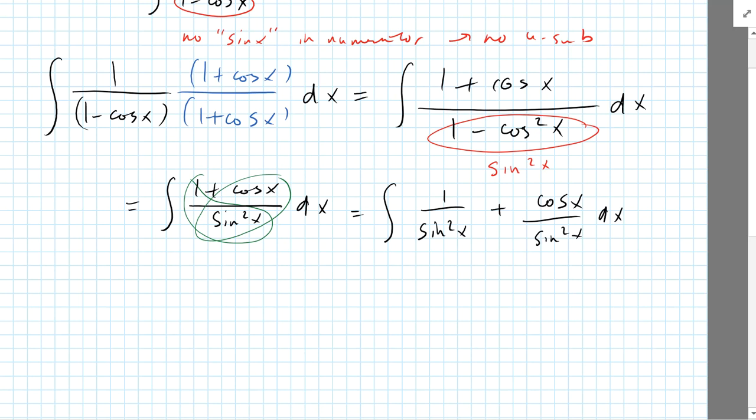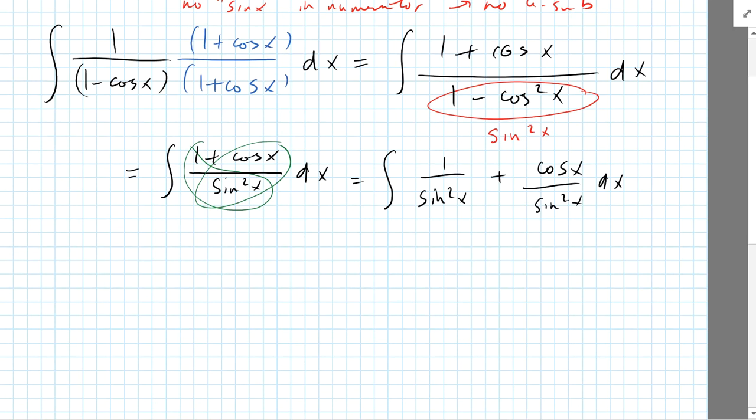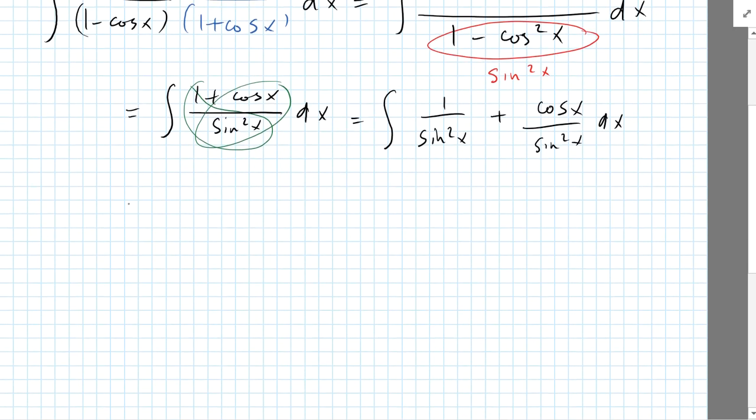The first fraction can be integrated if we just use a trig identity. The second is going to require u sub. So for the first, we're going to break it into two integrals, separate it. We get the integral, and 1 over sine is cosecant, so it's going to be cosecant squared of x dx. And we know what that is, or you should.